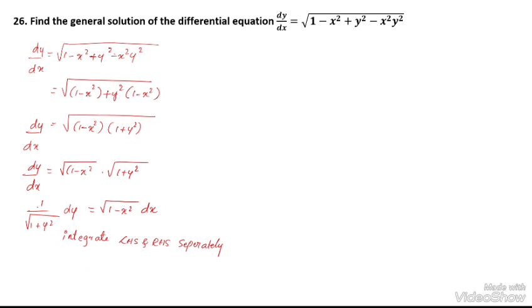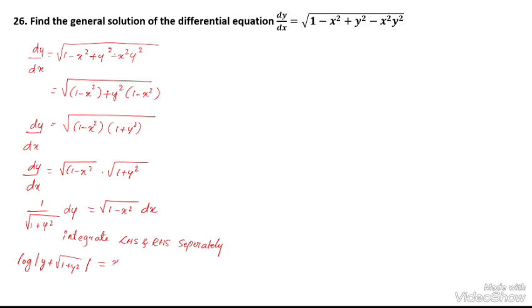We know that integration of 1 divided by root of 1 plus y square becomes log of y plus root of 1 plus y square, which is equal to the integration of root of 1 minus x square into dx.